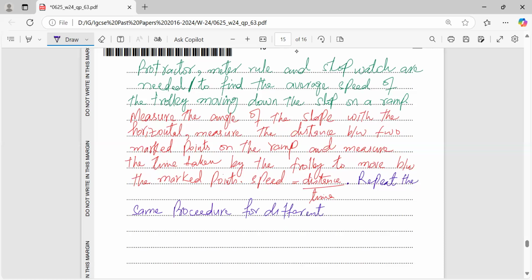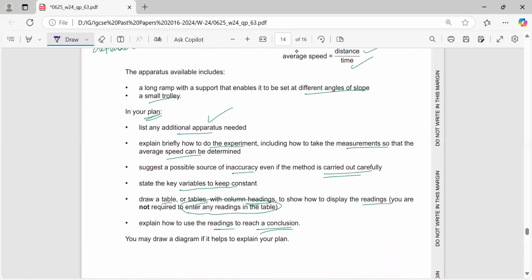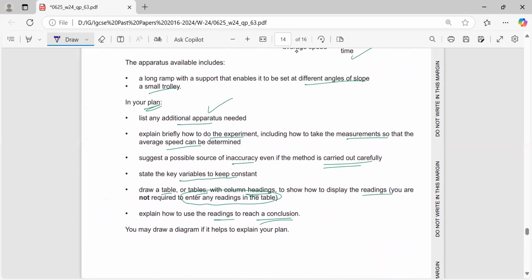Independent variable we will change, dependent will change itself. Same procedure for different angles of the ramp. Now what is the next point? The next point is to list any additional operators, a possible source of inaccuracy if the method is carried out carefully.